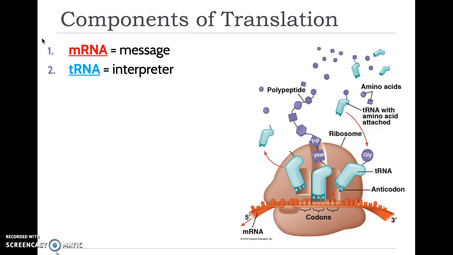The second molecule that you should know is tRNA, or transfer RNA. This is the interpreter or the translator of the mRNA strand. And also the ribosome, where the actual translation is taking place. And please note that translation is the building of that polypeptide or protein.